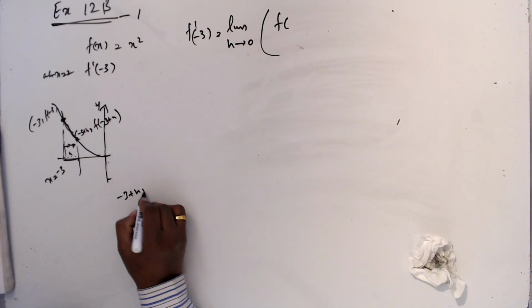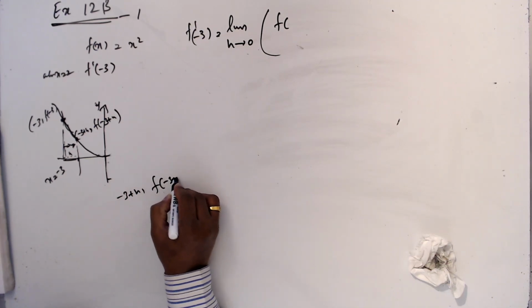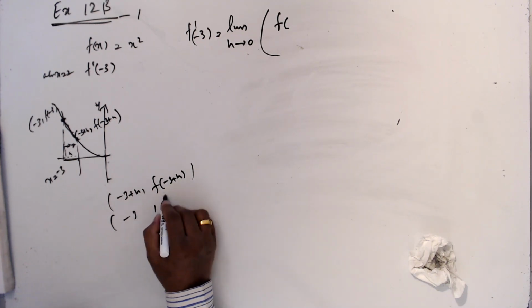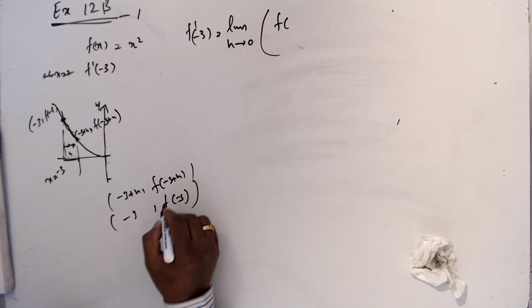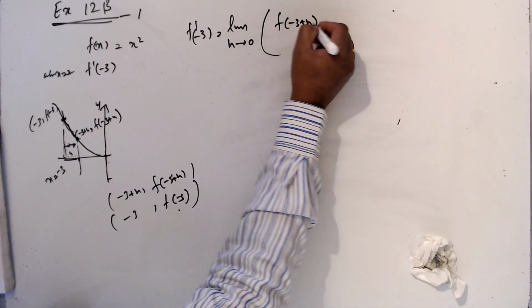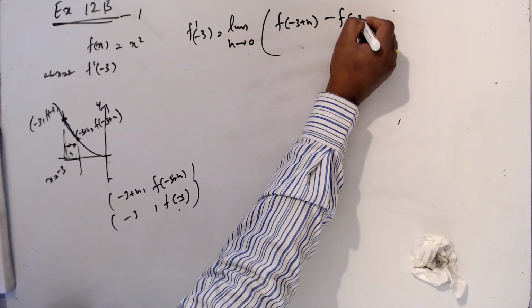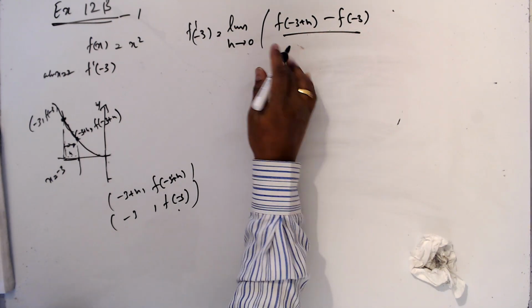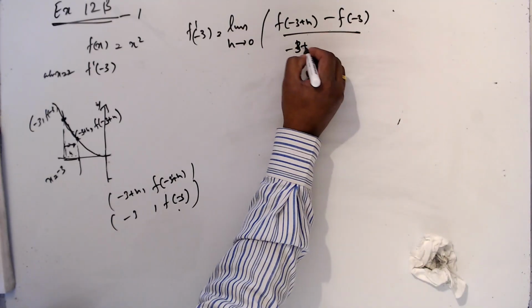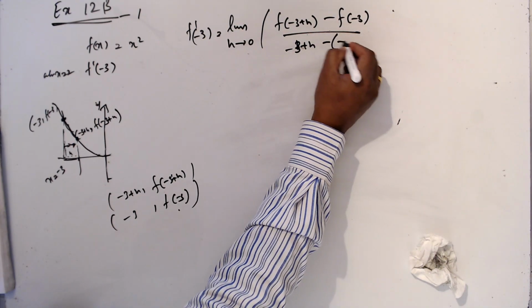Minus 3 plus h, f(minus 3 plus h). Another one is minus 3, f(minus 3). So this minus this: f(minus 3 plus h) minus f(minus 3) over minus 3 plus h minus minus 3.